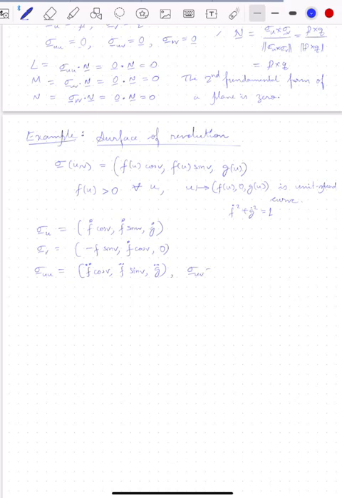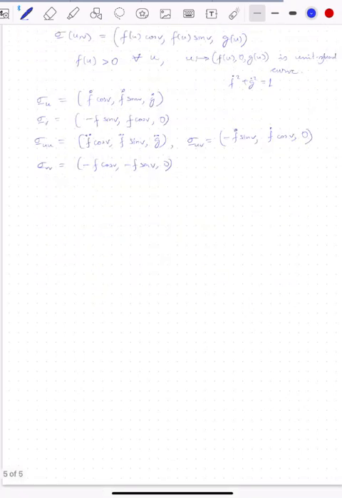And then sigma uv is equal to minus f dot sine v, f dot cosine v, and of course 0. And then sigma vv is equal to minus f cosine v, minus f sine v, and 0, right?